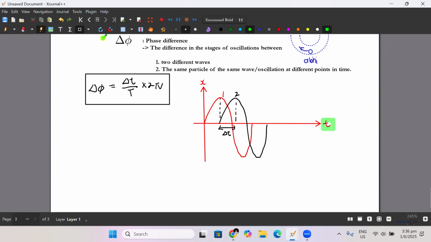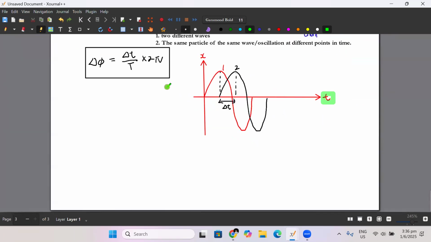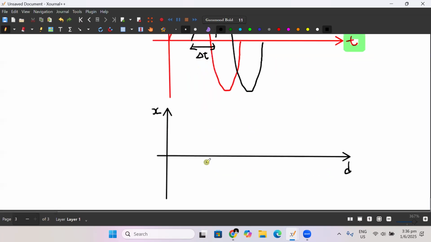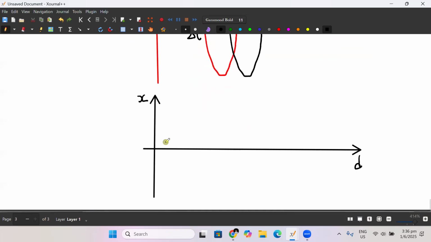Now you could also have a different kind of graph which goes this way. Something like this. And then we call this x, and then this one is d. So imagine you take a picture of a skipping rope.